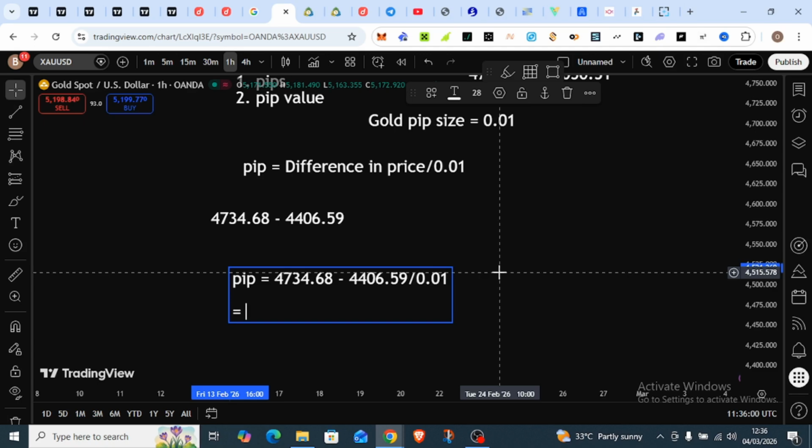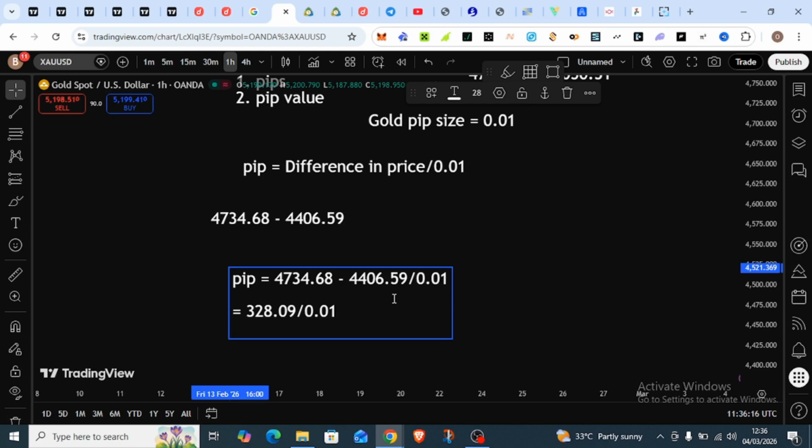If you subtract this from this, you have 328.09, then divided by the pip size, which is 0.01.